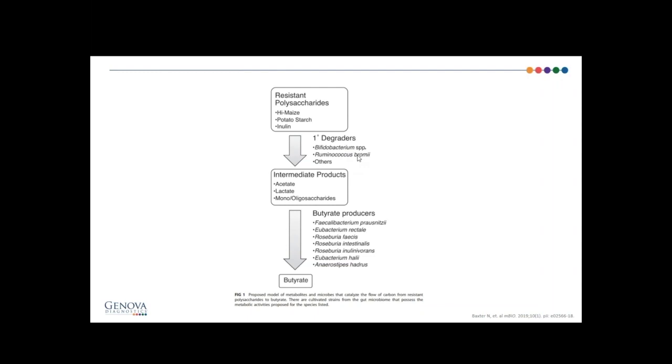Then they get converted to intermediate products, and the butyrate producers then feed off of that to produce butyrate. So you have Faecalibacterium and Roseburia, also ones that we measure on our 24 Commensal page. If you didn't have these primary degraders, you might have the butyrate producers, but they might not be able to produce butyrate because they're missing their buddies that help them out.